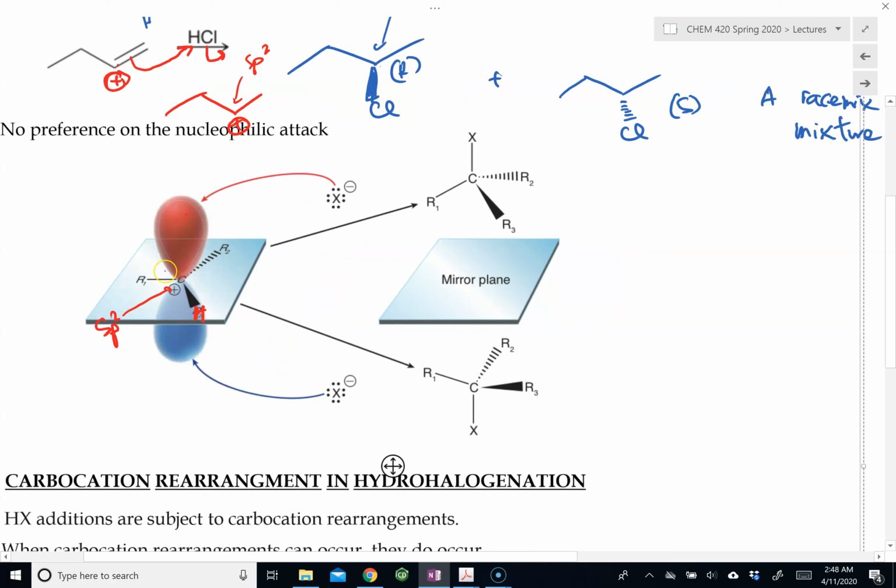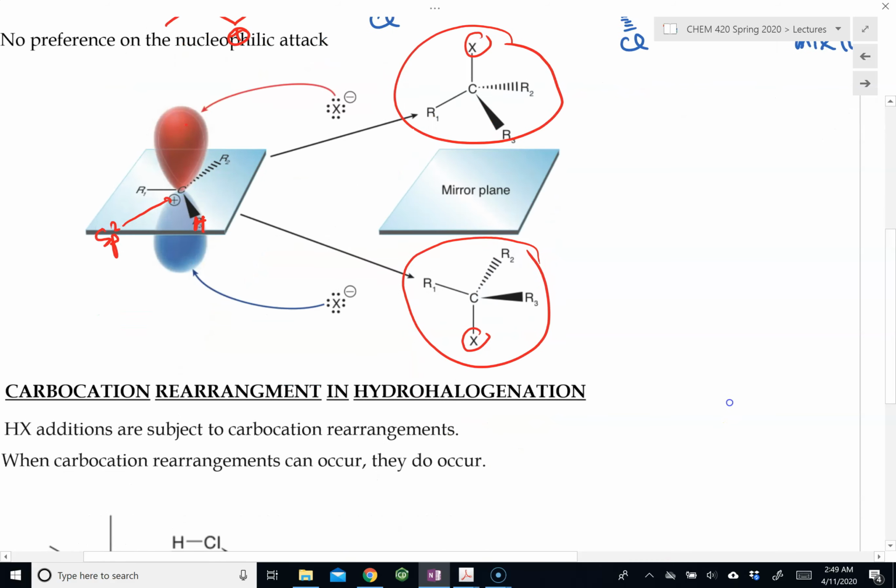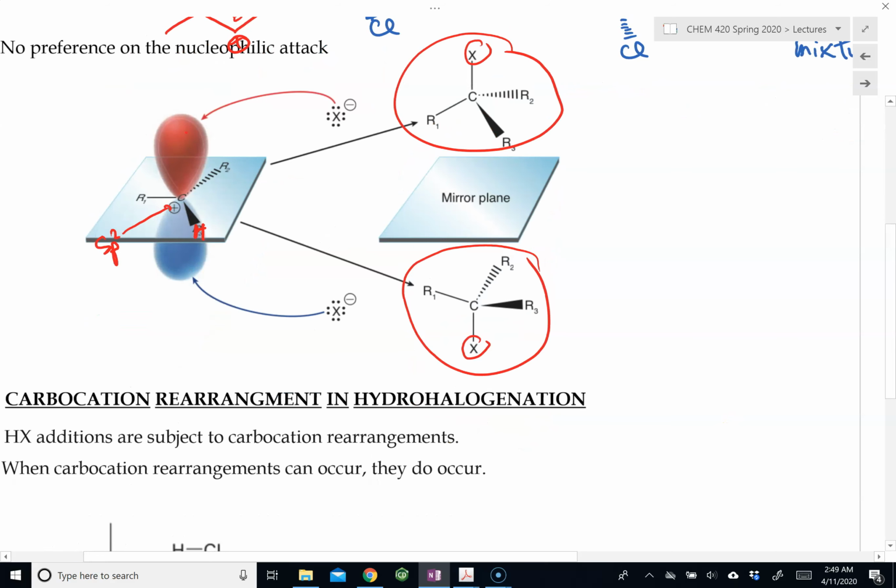If we attack from the top, we produce this product. If we attack from the bottom, we produce this product. And these two products are mirror images of each other, or enantiomers of each other. And thus, we are making a racemic mixture.